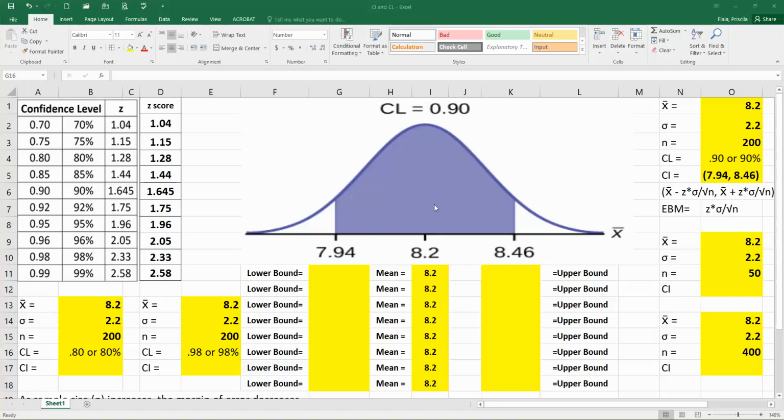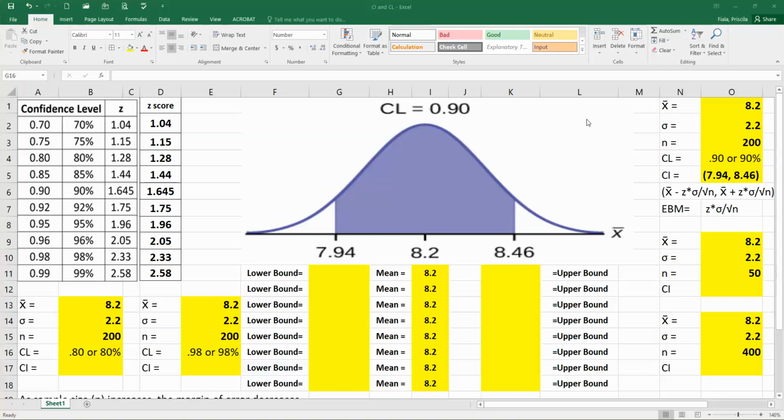Here it's telling you that with a confidence level of 90%, we're 90% sure that if we encounter between 7.94 minutes and 8.46 minutes, this could truly represent the mean for our calculations, because our mean is included in this interval, and therefore it's confirming our results.